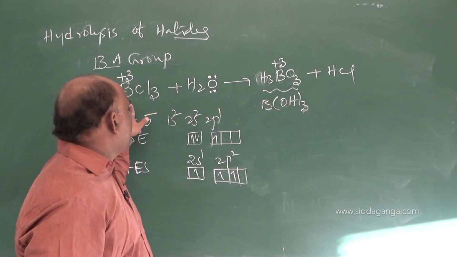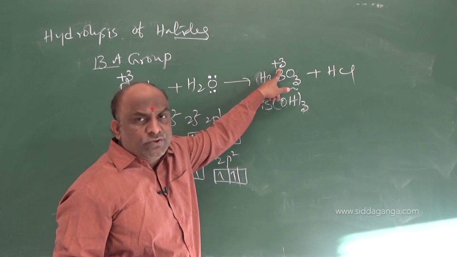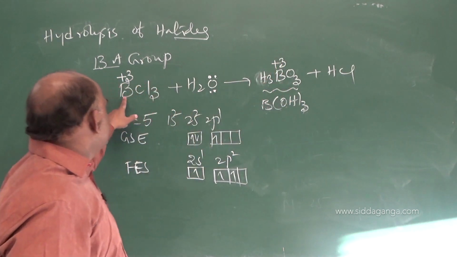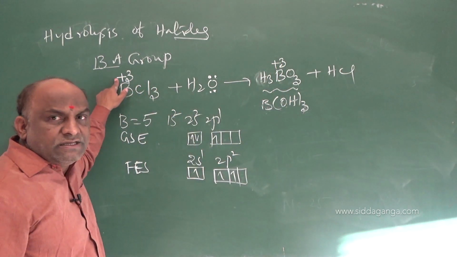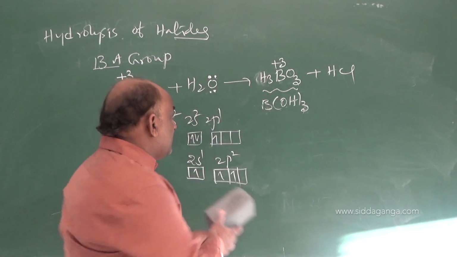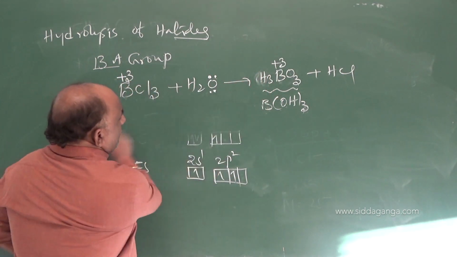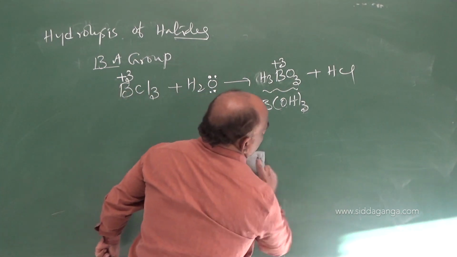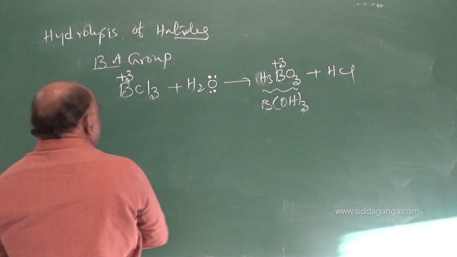According to the oxidation number concept also we have to find the answer. So BCl3 combines with water to give H3BO3. In H3BO3 the oxidation number of boron is +3, and in BCl3 the oxidation number of boron is +3. Same reaction you apply to PCl3.